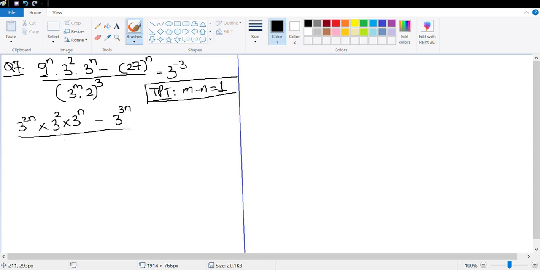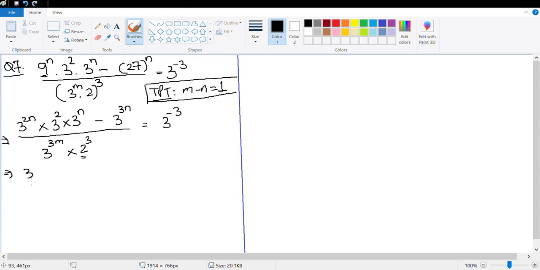This is divided by 3 to the power 3m, so I am separating them, multiplied with 2 cube, is equal to 3 to the power negative 3. I notice that I have 2 here and there is no 2 in the base. Let's see what I can do. So let's try and add whatever I have or subtract.